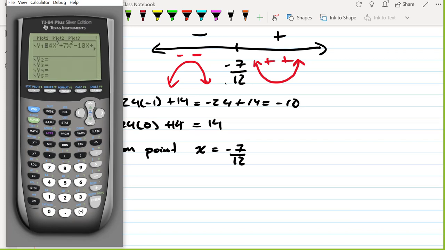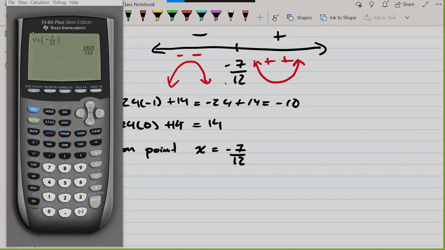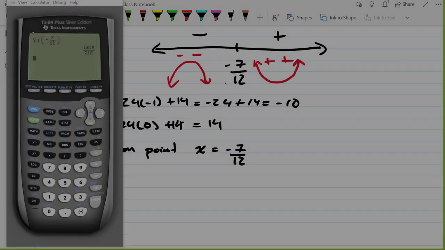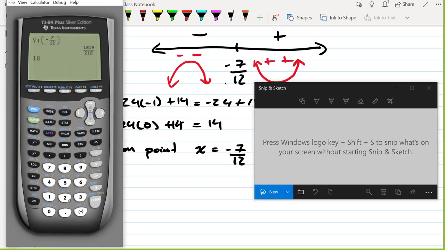That's already in our calculator, so we just go alpha trace, choose y1, and put in negative 7 over 12, and we get our corresponding y value of 1,819 over 216. Oh, let's actually approximate that before I clip. 1819 over 216.